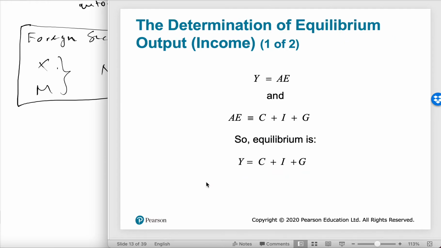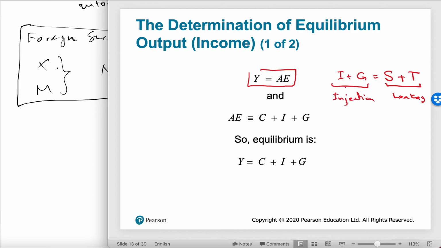And the equilibrium condition is either this one or I plus G equals S plus T. These are the leakages, and these are the injections, also called the IS equation.